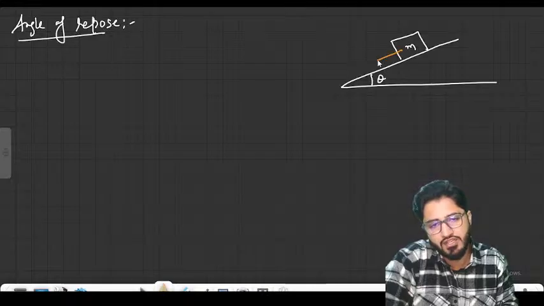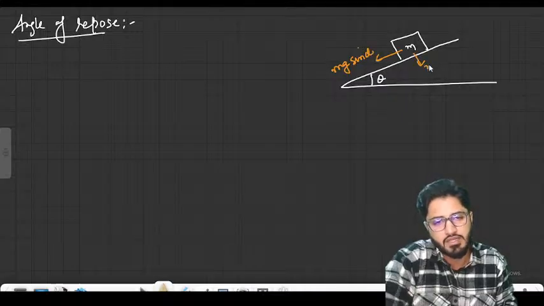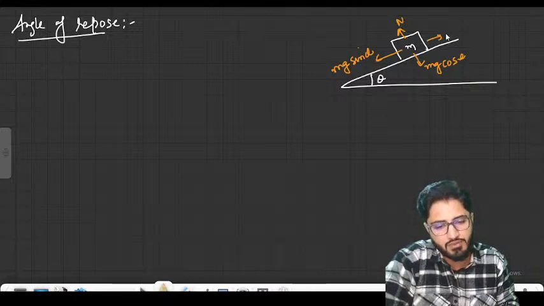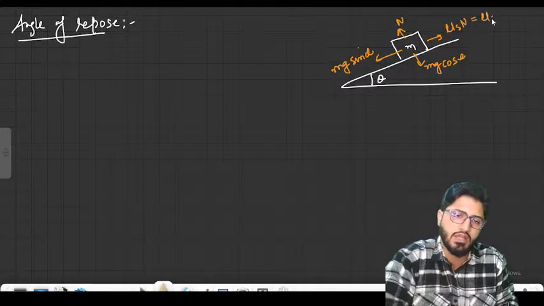So you can see here, if it can move down, that means mg sine theta will be downwards. This one will be mg cos theta. Upward will be normal reaction force, and there will be mu s times N, where N is mg cos theta.